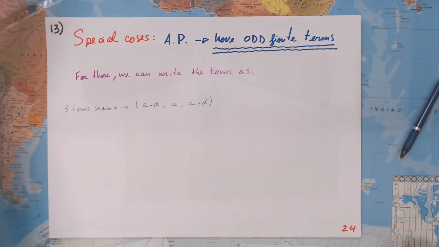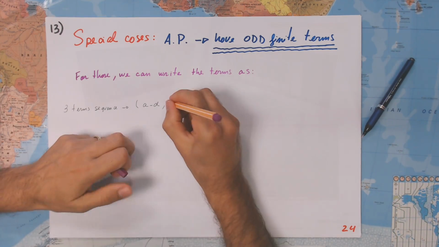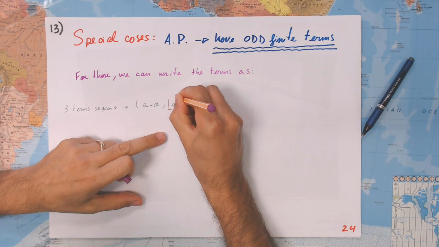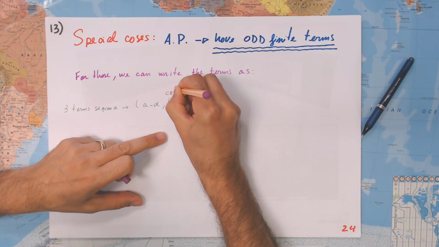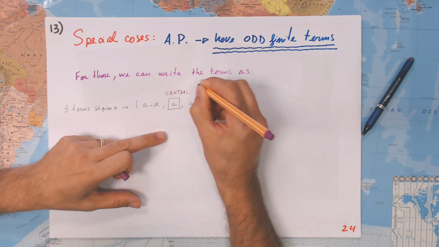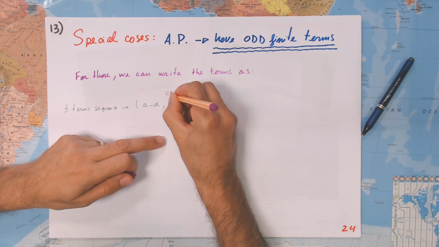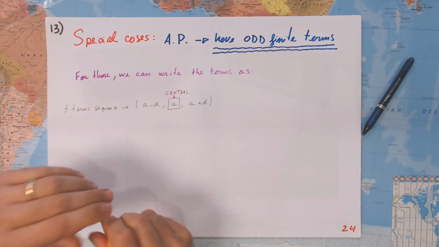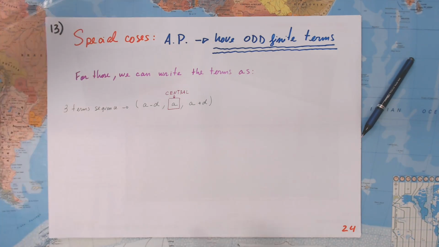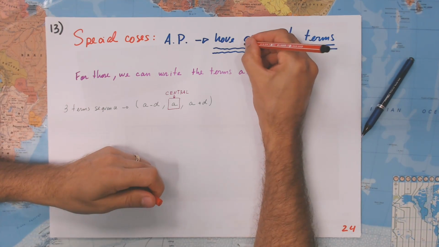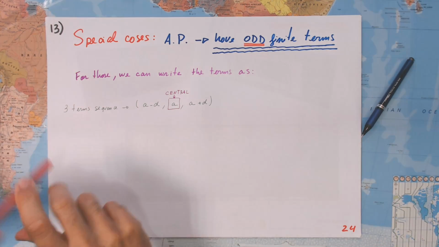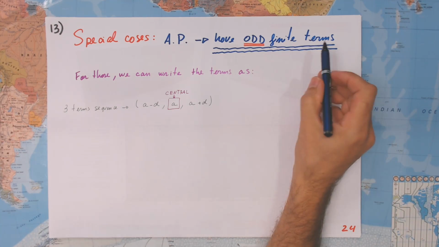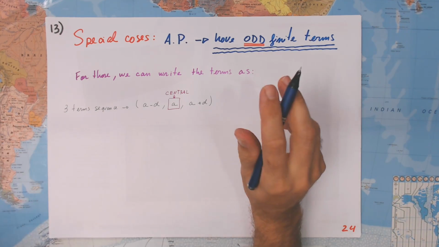And again, this is going to be the central term, okay? That is why it's imperative that we have an odd amount of terms, okay? This is the only way.